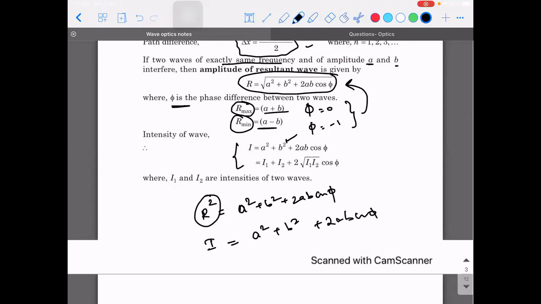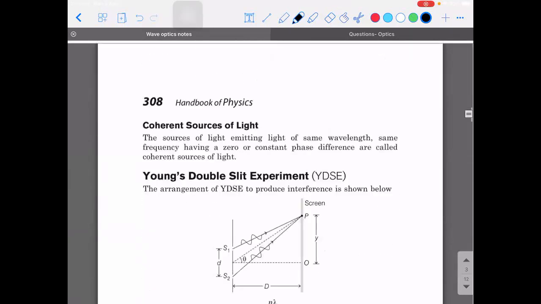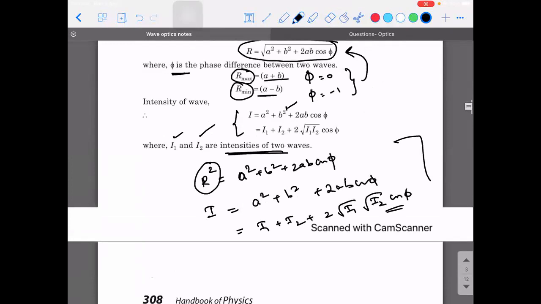If I write A square and B square in terms of I1 and I2, this would be I equals I1 plus I2 plus 2 times root of I1 into root of I2 cos phi, where I1 and I2 are the intensities of both the waves. So remember this, okay? This is an important condition, and you will definitely have problems based on intensity.